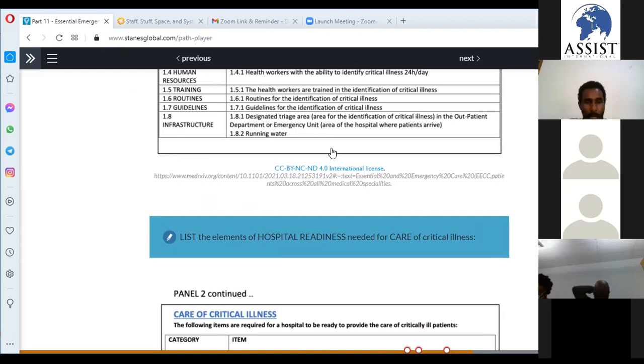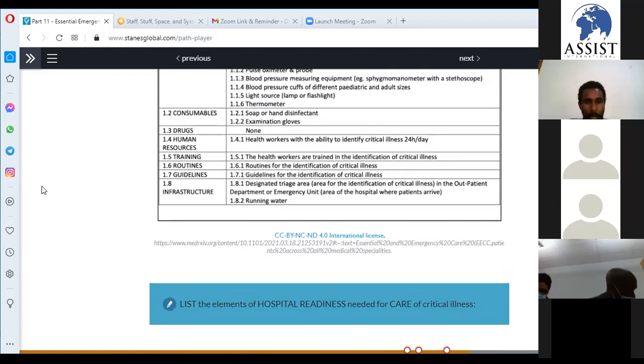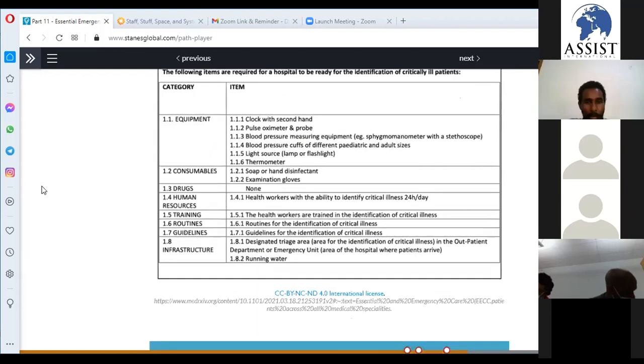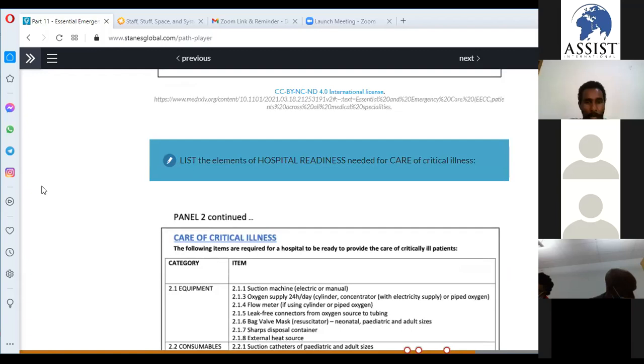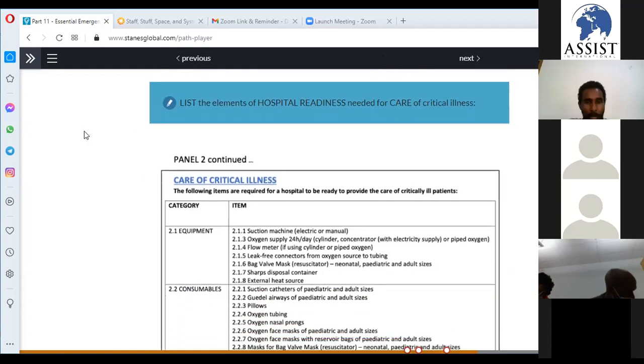We talked previously, you need to have the emergency unit. You need a designated area for triage, for pediatrics or adults, and also you need running water. So you can see how simple the requirement is in terms of equipment to establish critical care in a hospital.